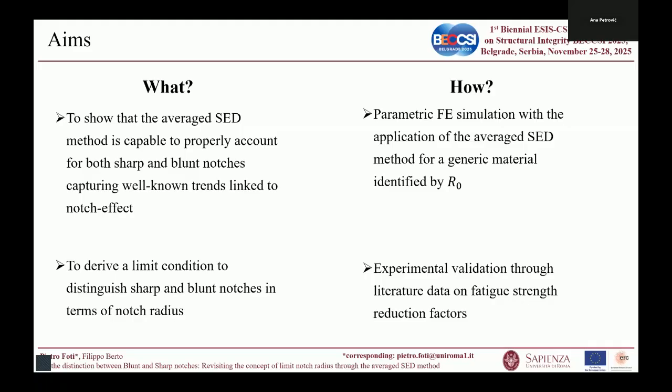In order to do so, we carried out some parametric finite element simulation in which we have applied the average density method for a generic material that is uniquely identified by R0, that is a material parameter identified by the method. And after this, we have carried out an experimental validation through literature data with a fatigue dataset of about 700 and more fatigue strength reduction factor data.